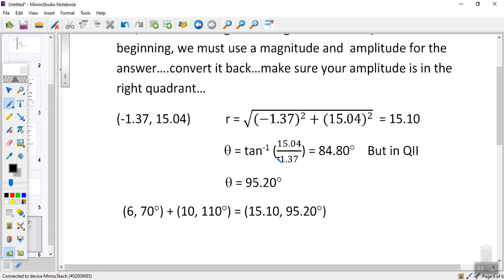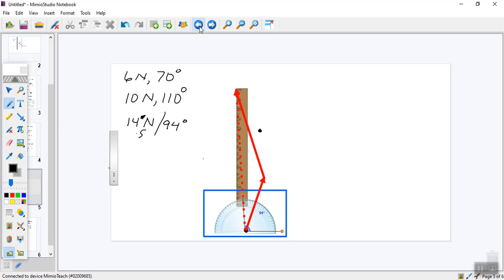Well, the deal is this. If I put a positive in here, you get 84.8, but what quadrant are you in, friends? Quadrant 2. Think about this. There's more force pulling. I'll go back to my drawing. When I had this vector right down here at 110 degrees, is there more force pulling in the first quadrant or in the second quadrant?